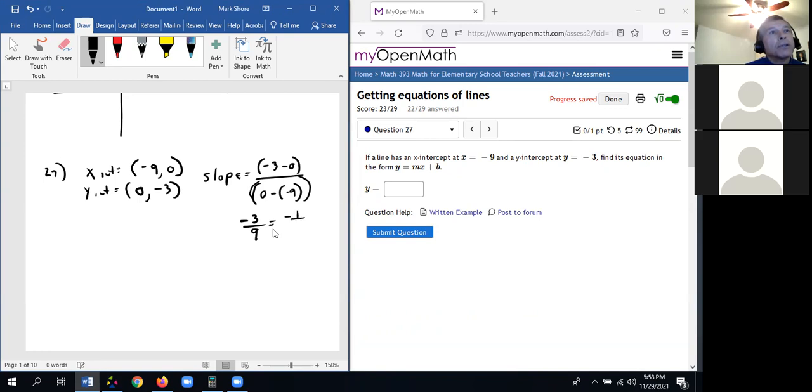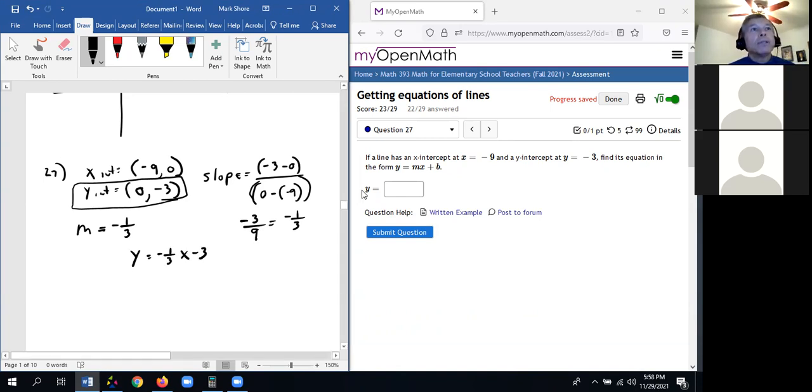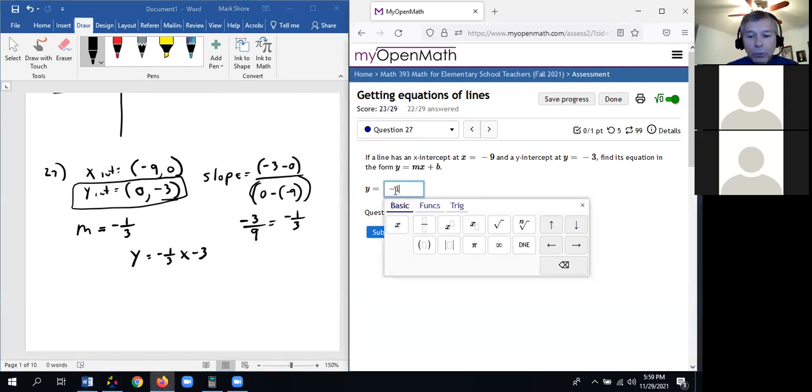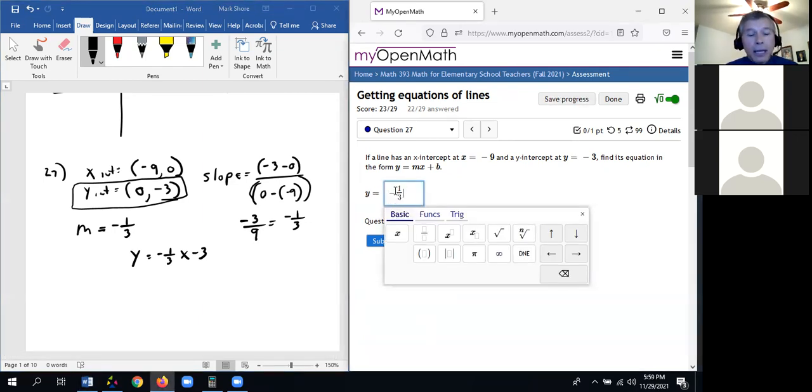And that's -1/3. So my slope is -1/3. And my y-intercept was given to me right here. So the equation is y equals -1/3 x minus 3. I'll go ahead and put that in there. -1/3 x minus 3.